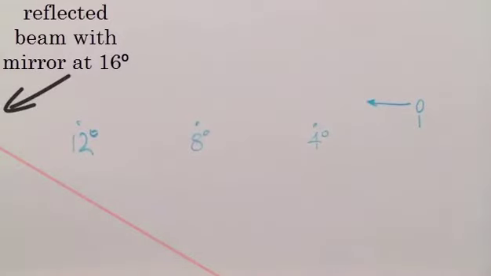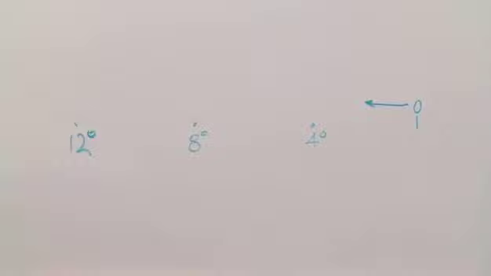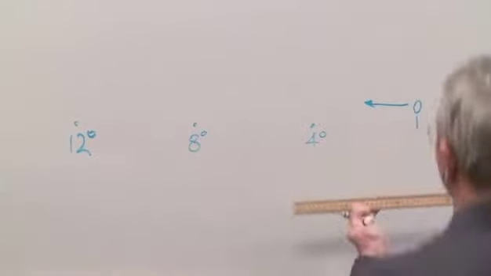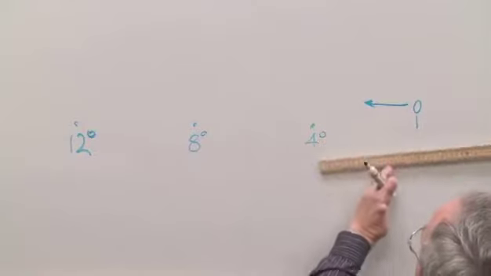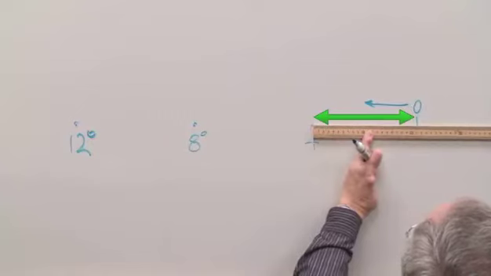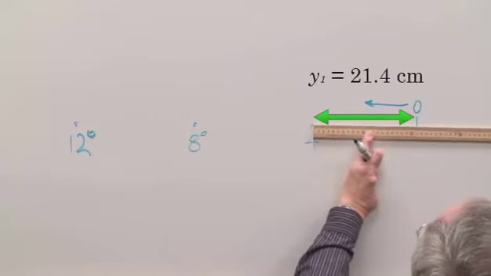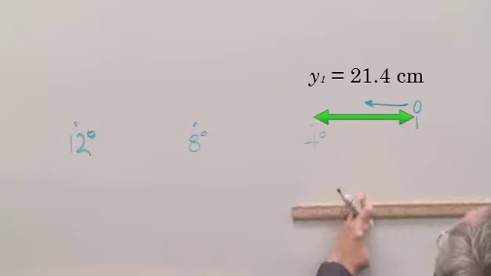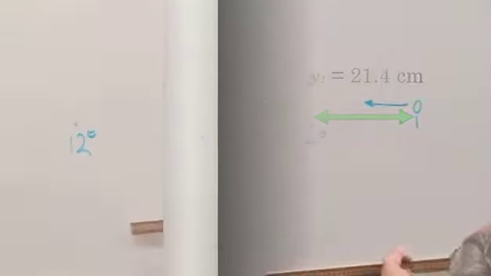That should be enough. And now we can measure our displacements from our 0 spot. For the 4-degree measurement, I see 21.4 centimeters.